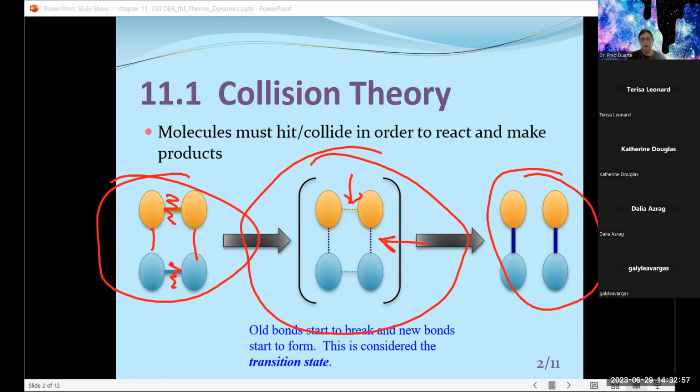Second of all, the reactants have to have the correct orientation, because without it, if they don't line up properly, the bonds are not going to be broken and formed. So there are a lot of things that have to come into play for a reaction to proceed.